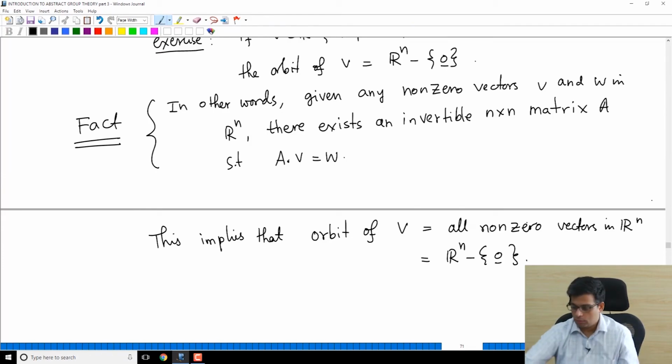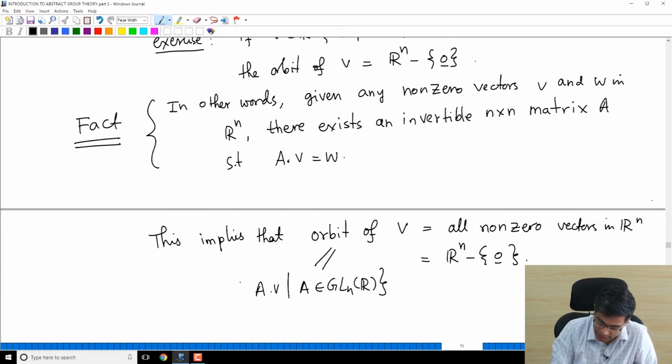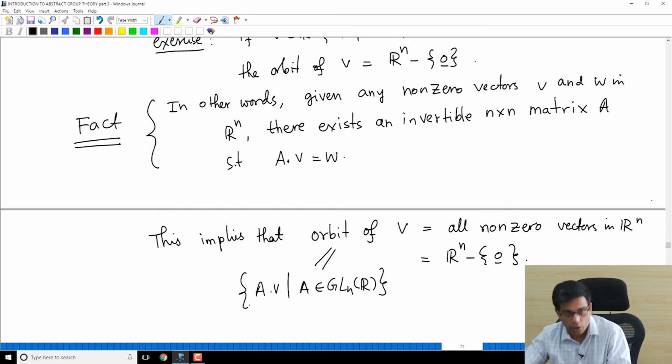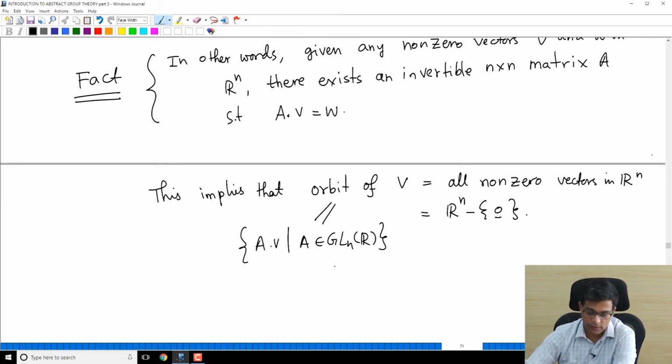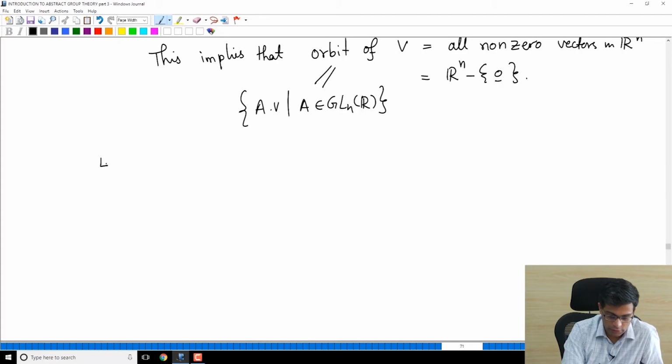Because if you recall, the orbit of v by definition is A dot v as A varies inside the group, in this case GL_n. So you take A dot v as A varies, but because of the fact, you give me any w in R^n minus 0, there is an A such that Av is equal to w. So every w will be in the orbit. So in this case there are two orbits. The 0 vector is an orbit by itself and all non-zero vectors together form one orbit.